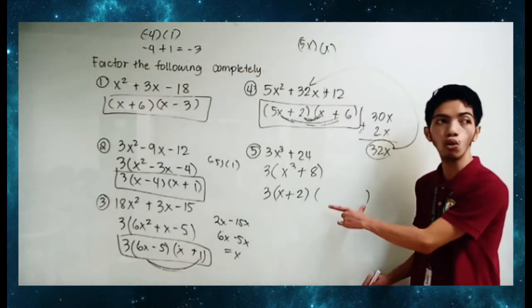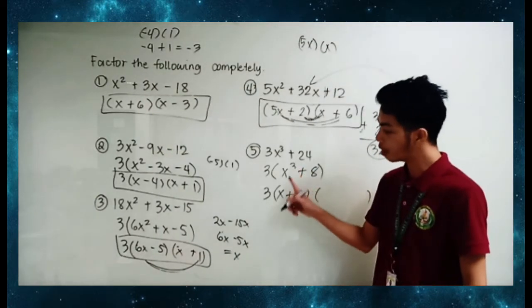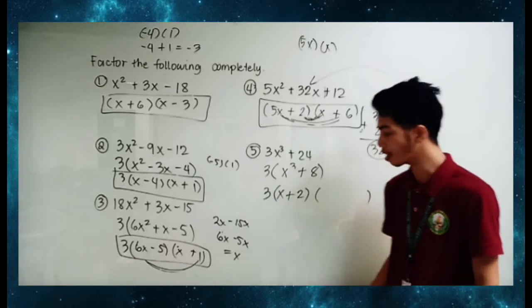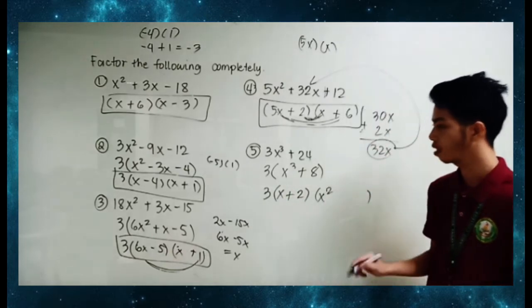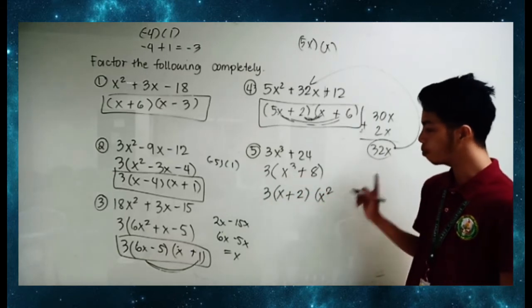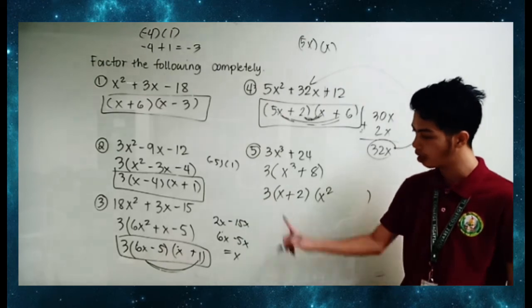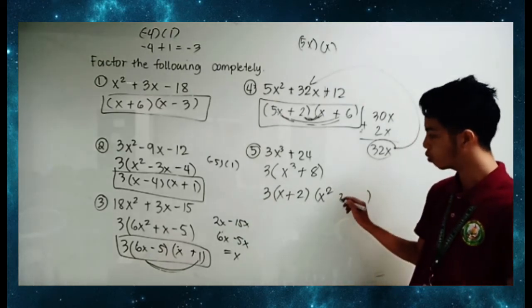Okay, paano natin kukunin yung trinomial? Para makuha natin yung trinomial, i-divide mo siya, x cubed divided by x squared. Nabawasan lang na exponent. And then, anong magiging second term natin? Ipag-multiply mo lang yung first at saka second term. X times 2, that is 2x.